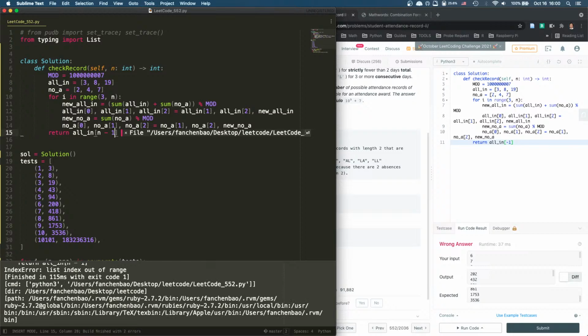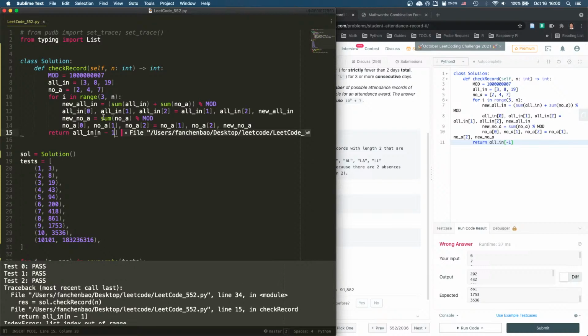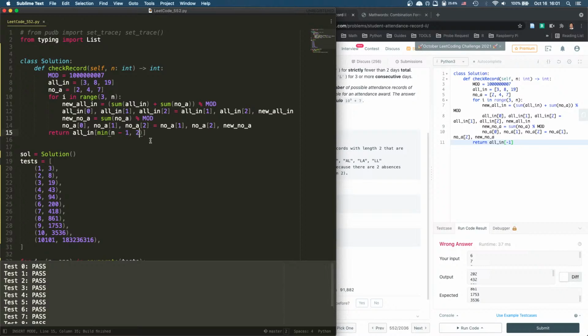Right? Nope. We got index out of range. So it's going to be the minimum of n minus 1 or n minus 1 or 0, 1, 2. That's the thing. Alrighty.